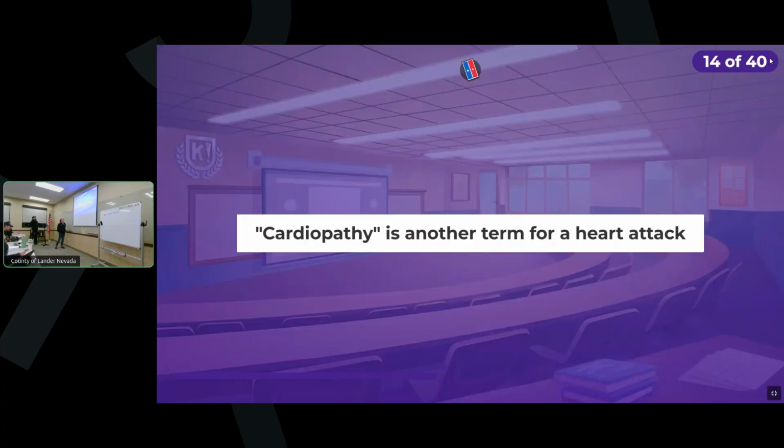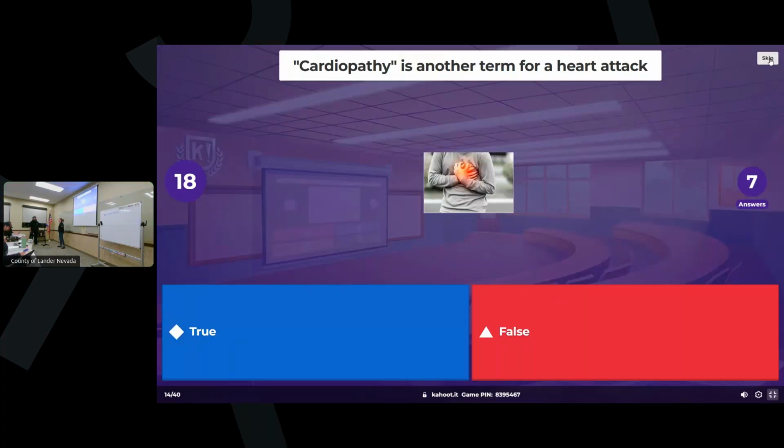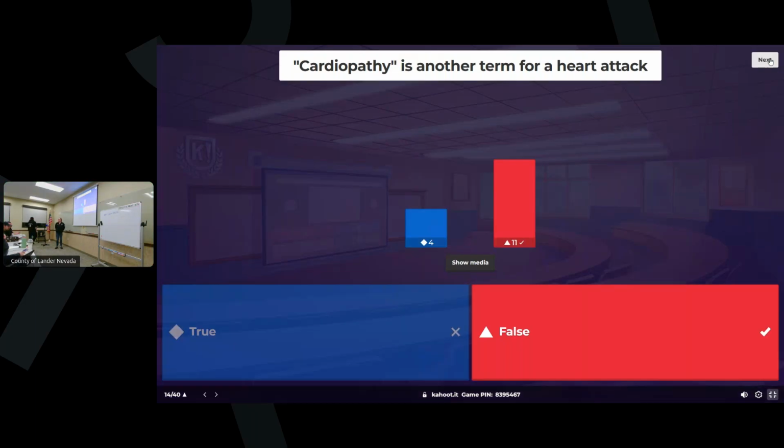True or false, cardiopathy is another term for a heart attack. False. What's the other word for a heart attack? Infarction?